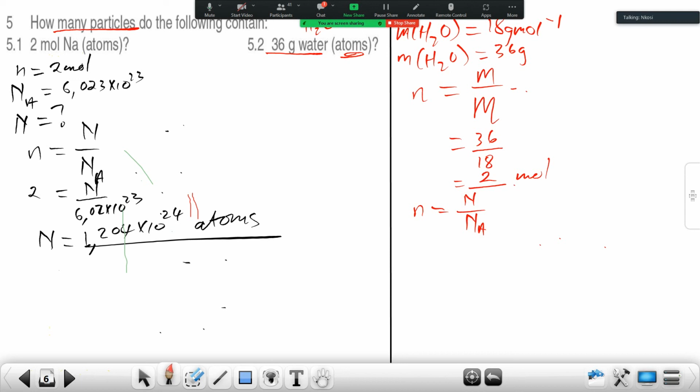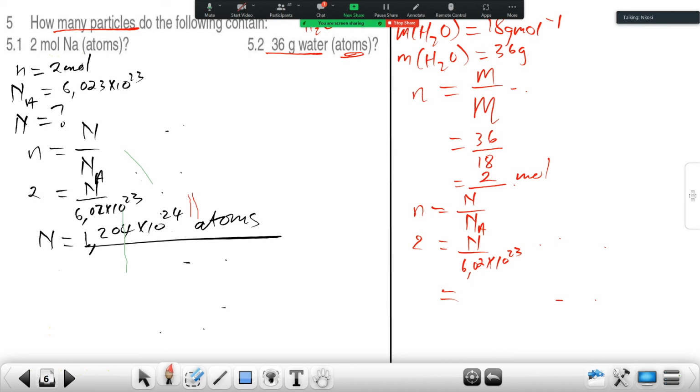The Avogadro number is the only number that gives me a link in terms of particles, molecules, and atoms. So I'm going to say 2 multiplied by 6.02 multiplied by 10 to the power 23. Then I will use my calculator again so that I get the correct answer.